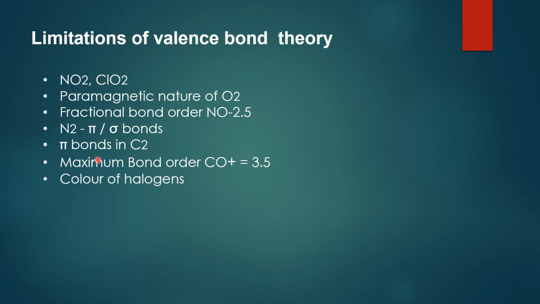The next one is that it fails to explain the color of the halogens. Here we have different halogens like fluorine, chlorine, bromine, and iodine. All of these exhibit some color. The color cannot be explained by valence bond theory. All these are considered limitations of valence bond theory.